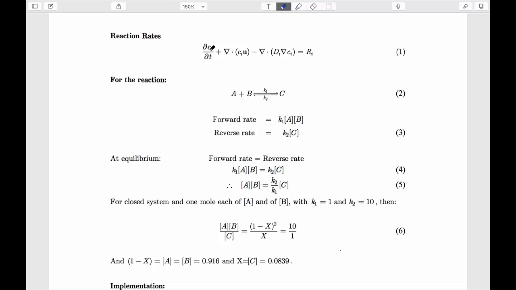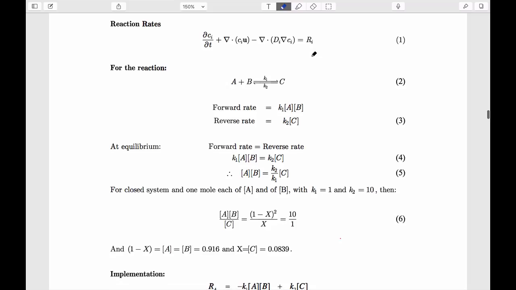If you have 10 species, you have 10 equations. They don't interact with each other on their own, except through this term, which is this reaction coefficient on the right-hand side. So you'll notice this as the capacitance term, this is the advection term, and this is the diffusion or dispersion term, and a reaction term on the right-hand side, just written a little bit differently from what we've had before.